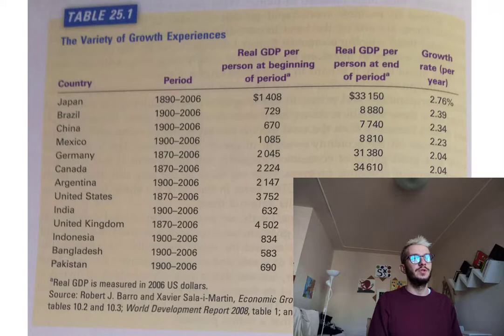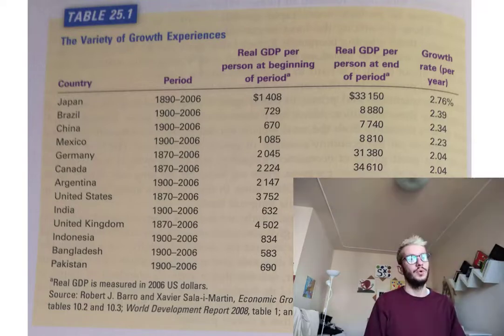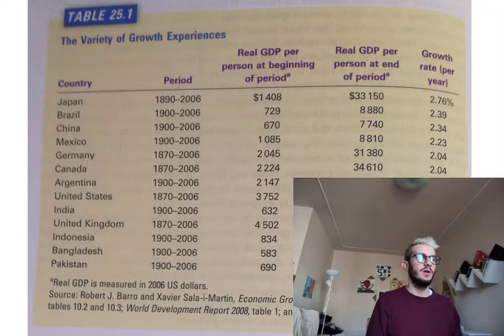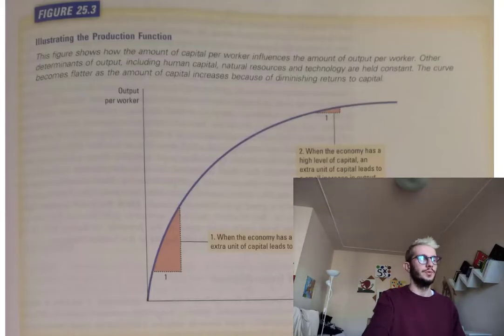Japan had a yearly average growth rate of 2.76%, while Pakistan, for example, had the lowest in this group that I found, 1.22% per year. And in between we have Brazil, China, Mexico, Germany as the top, Canada, and then we have Bangladesh, Indonesia, UK at the bottom with lower growth.